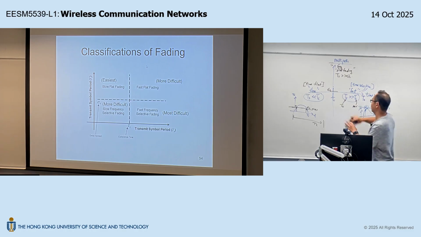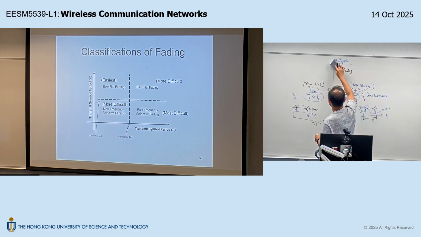Or actually, it's easier to use another parameter. Let's say this is coherence bandwidth, and then this is your transmitted bandwidth. So this region corresponds to the coherence bandwidth much larger than your transmission bandwidth. Okay?